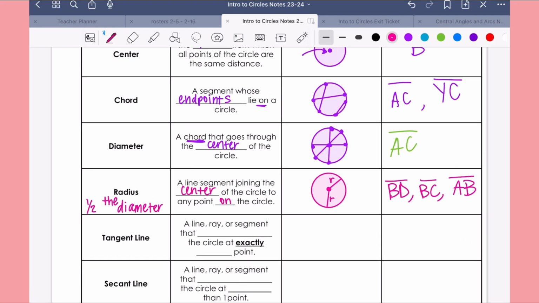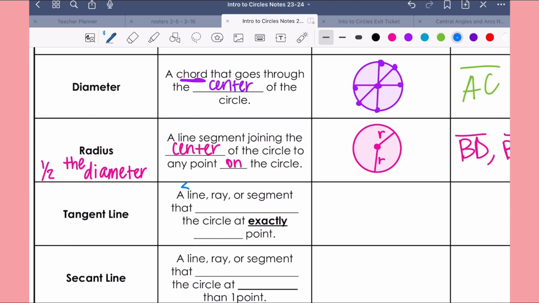Okay, a tangent line. A tangent line is a line, and I'm going to put the notation here at the top. A line, a ray, or a segment that intercepts the circle at exactly 1 point. Okay, what does intercept mean?